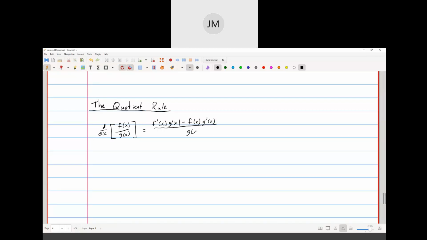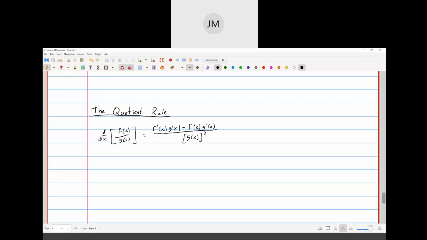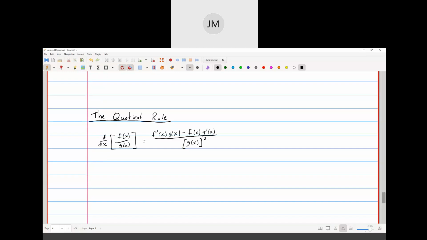There's a g of x squared in the denominator. And again, if we were to go through a proof, you'd see where some of these extra terms come in. You have to add and subtract things, and that's why we get a g squared instead of a g, and a minus in there.